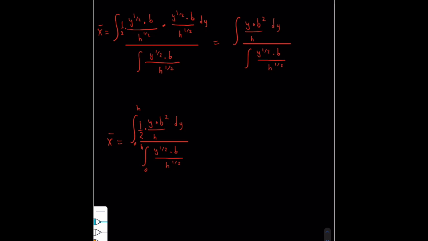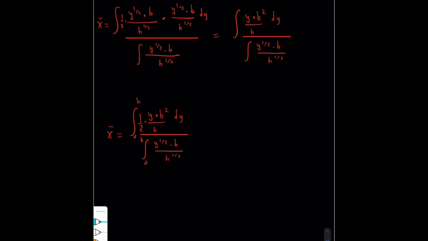Okay, now I'm going to take this integral with respect to whatever we need. y squared b squared times h, and here I have 1, okay, 2, multiplied by 1/2, because when we take the integral you're going to bring it down to a constant. dy.